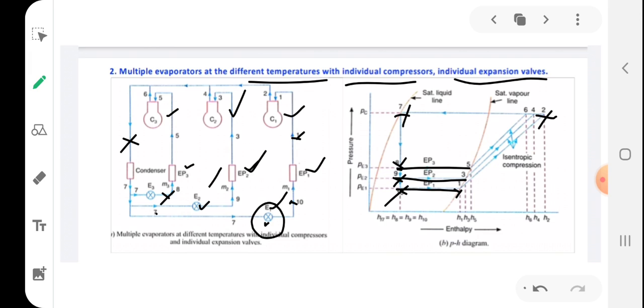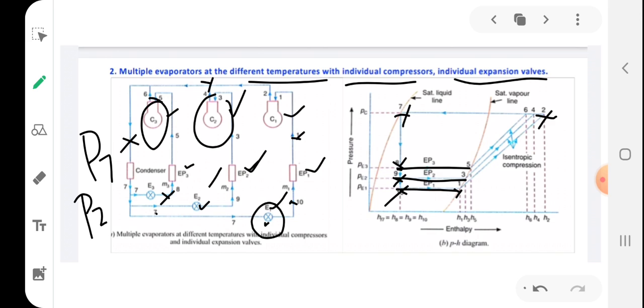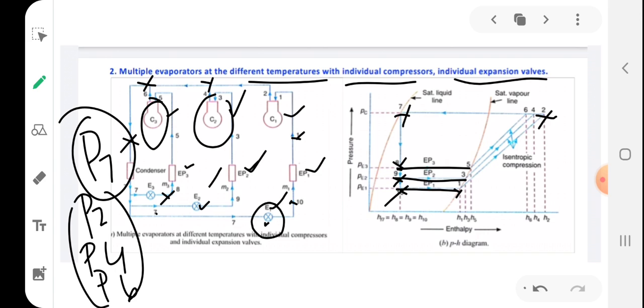So this is the condenser pressure P7. P7 will be equal to P2, and you must note that compressor 2 will compress it to 4, and compressor 3 will compress it to 6. So P2, P4, P6, all these pressures will be equal to P7. This is one particular line.